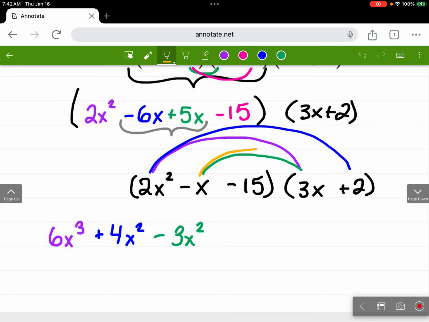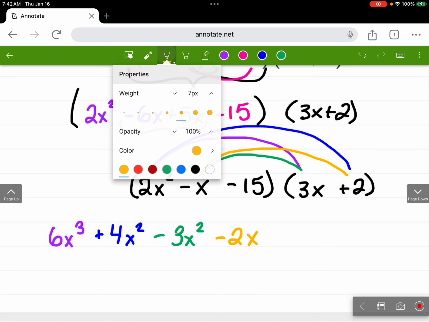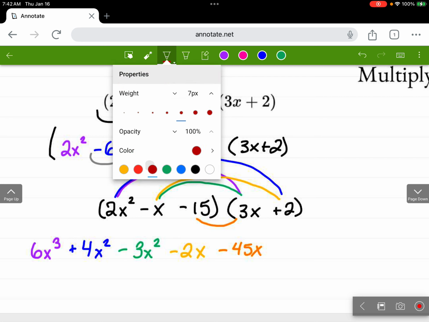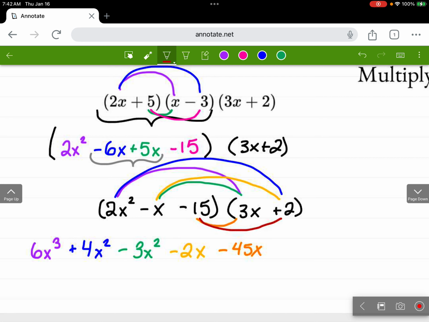We're going to get our minus x times 2 to get minus 2x. We're going to take our minus 15 times 3. Might have to use our calculator on that one. Minus 45x. And then our last one is our minus 15 times 2 to get minus 30.